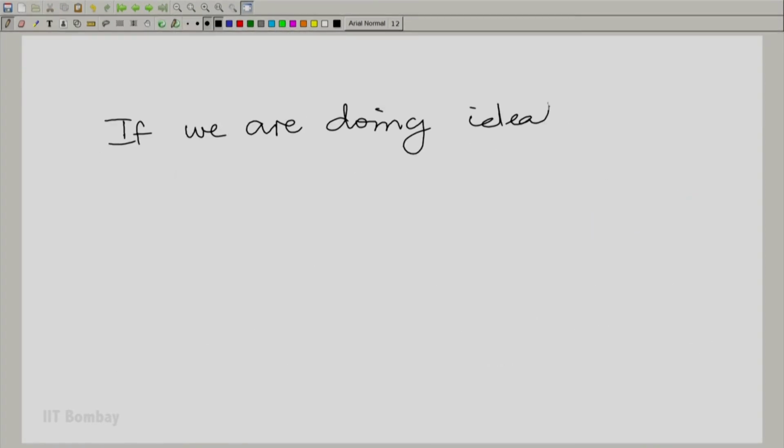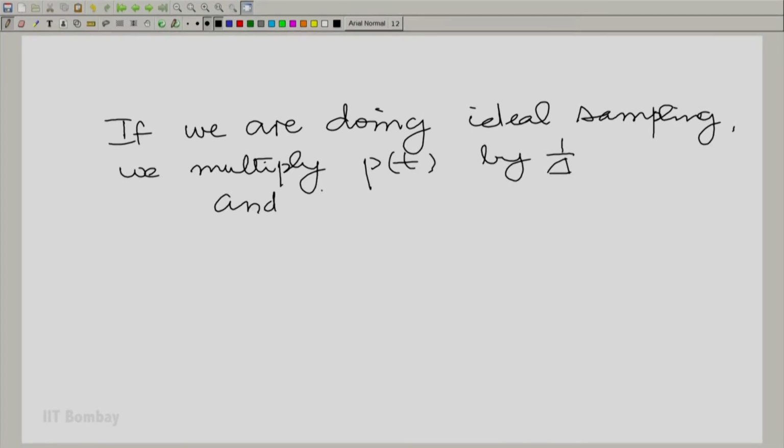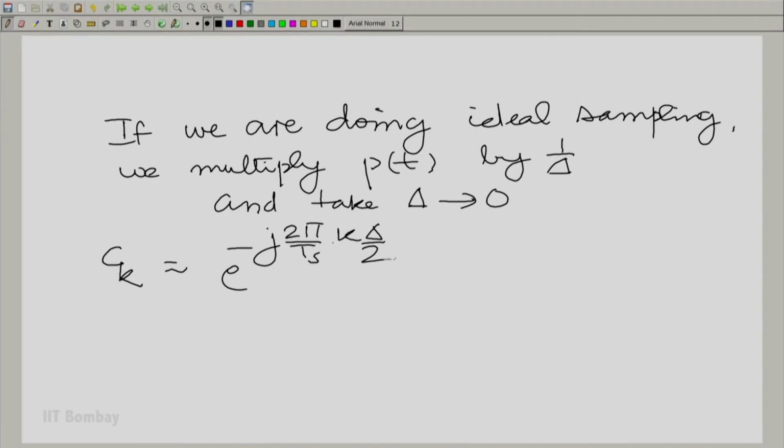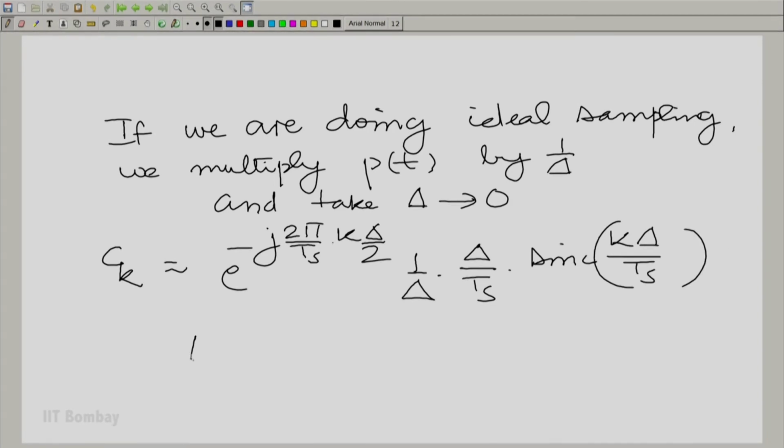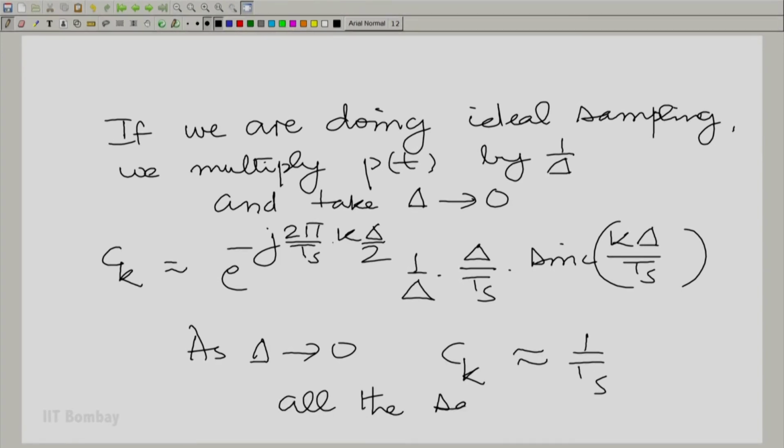If we are doing ideal sampling, we multiply Pt by 1 by delta and take delta tending to 0. So, of course, Ck then becomes e raised to the power all that business, and since delta tends to 0, this anyway goes to 1, and then you have 1 by delta multiplying delta by Ts. So, the delta goes away and you then have sinc k delta by Ts. So, as delta tends to 0, Ck all of them become essentially equal to 1 by Ts, all the same.